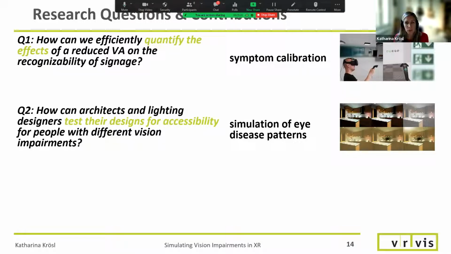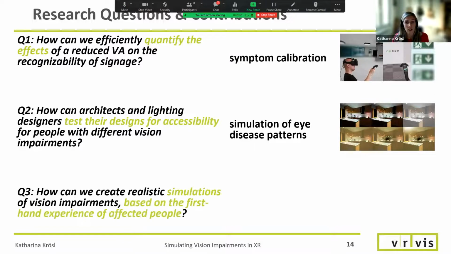But the only people who truly know how vision with a certain eye disease looks like are actually the ones who have it. So we wanted to find out how we can create realistic simulations of vision impairments based on the first-hand experience of affected people.